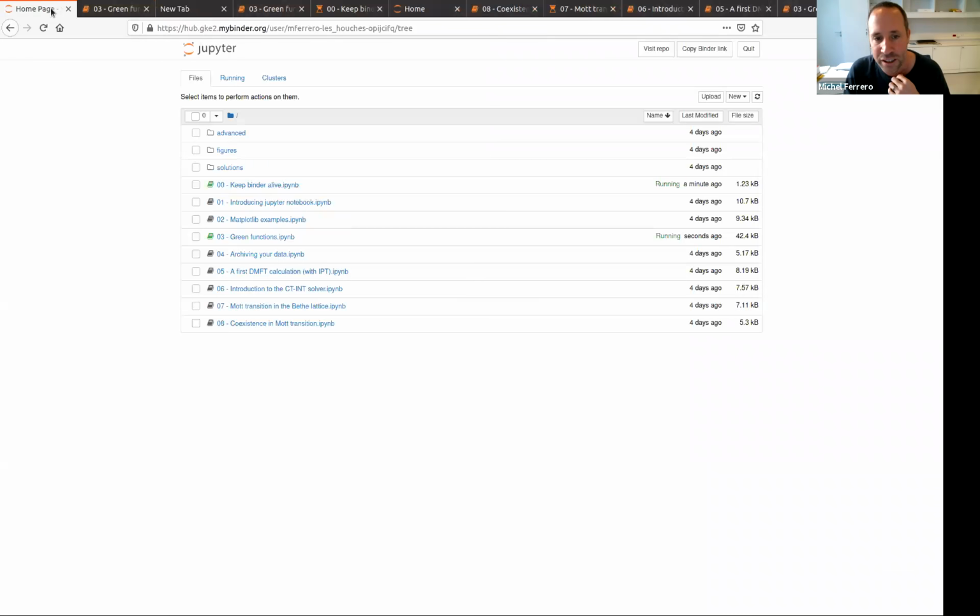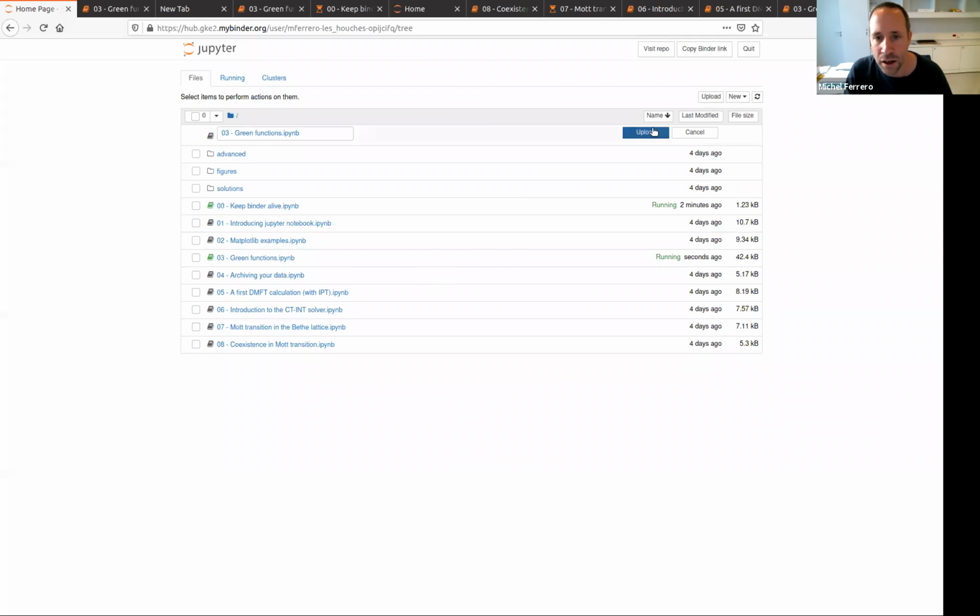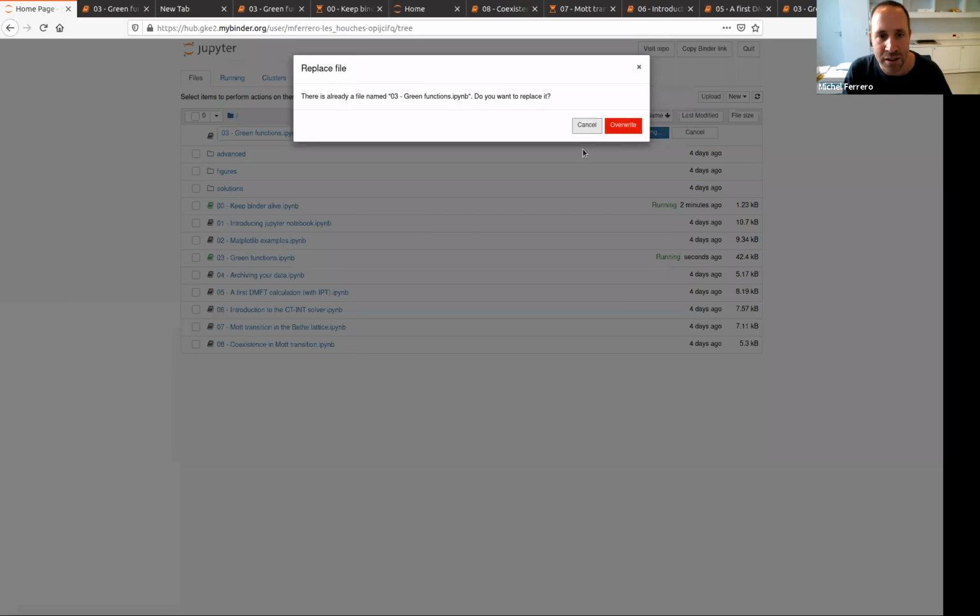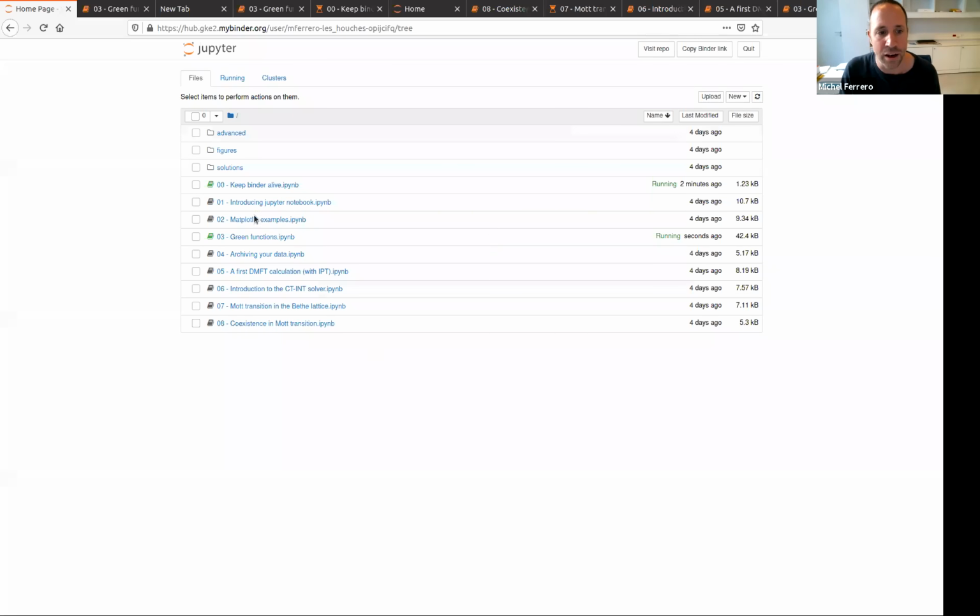If you want to recover it later on, you can go back to a new session, but then you need to upload the notebooks that you've modified. You do that with upload, and obviously, if the notebook has the same name as an existing file, you have to overwrite it. Now you again have the notebook that you had. But you need to think about saving quite often, because otherwise, if you close your browser, you may lose what you've been doing. All right.